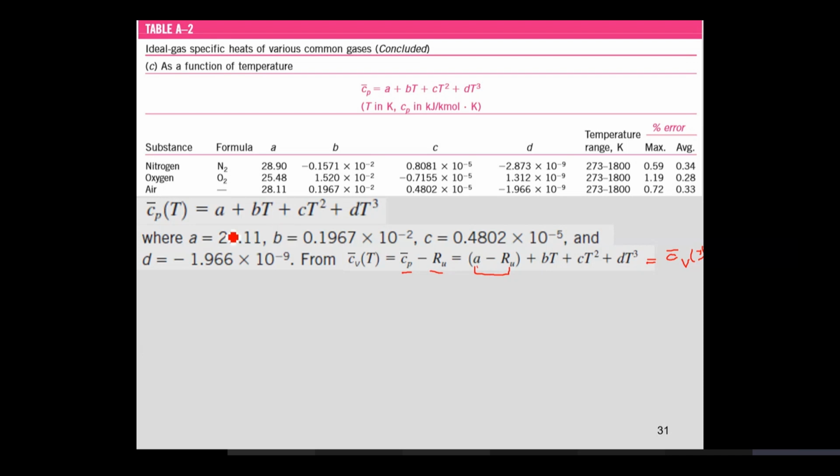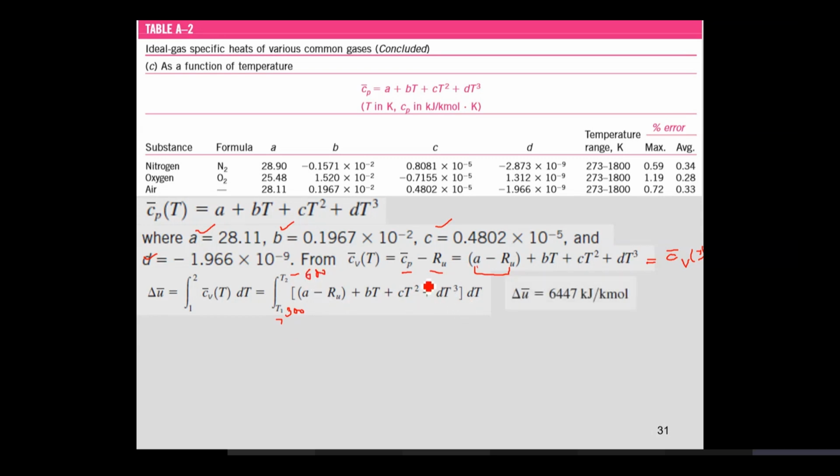So you have the A value given to you, the B value, the C value, and D is given to you. Ru you know is 8.314, the universal gas constant. If you have this relationship and you integrate from T1 to T2, where T1 is 300 Kelvin and T2 is 600 Kelvin, once you do the integration, you will find that the change in internal energy per unit kilomole is 6447 kilojoules per kilomole.